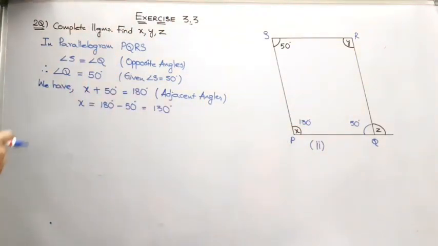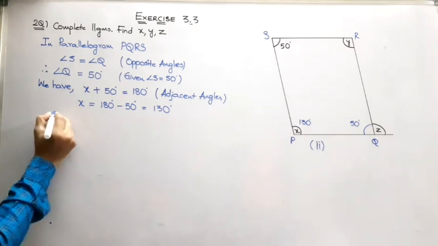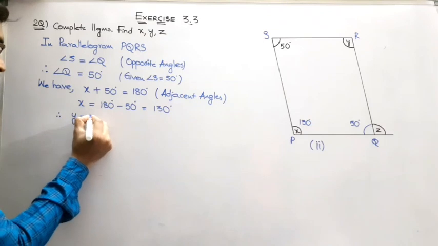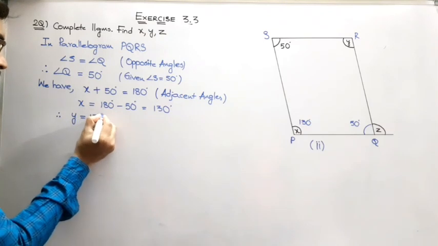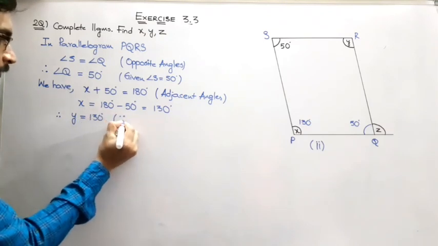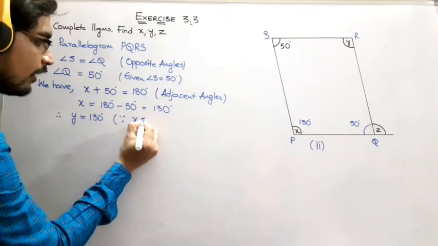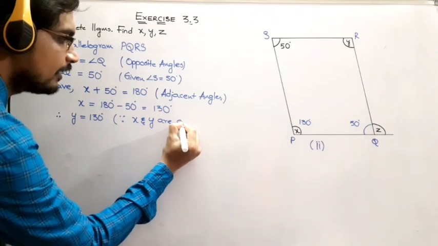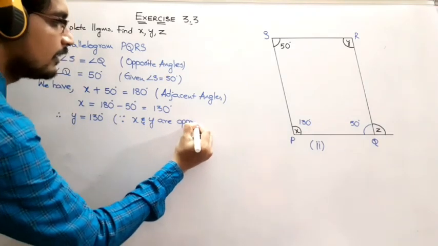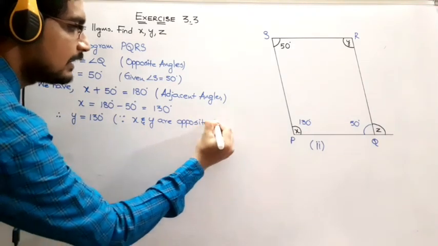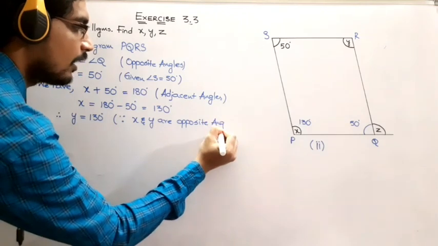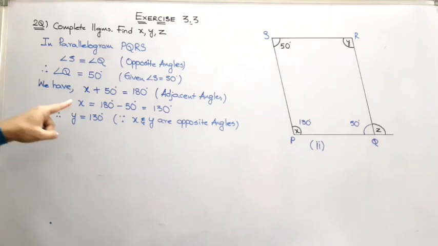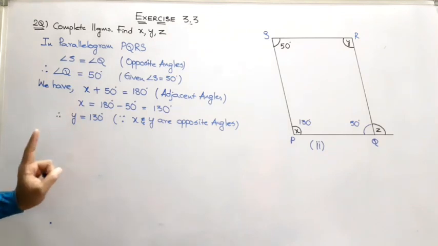It is also going to be 130 degrees, since X and Y are opposite angles. Okay, now we have the value of X and Y.